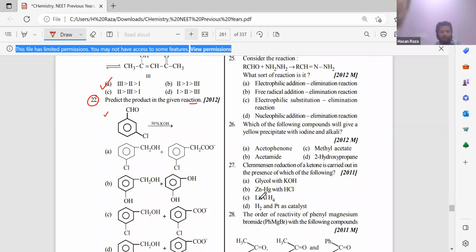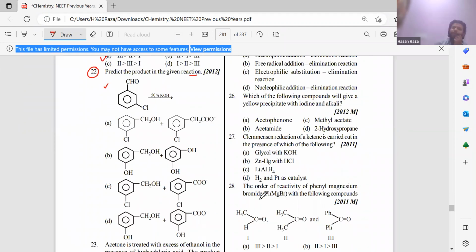Please do let me know the product. 50% KOH, that means it is concentrated base. So any aldehyde which has no alpha hydrogen, or zero alpha hydrogen, treated with concentrated base is your Cannizzaro reaction. I just gave you a hint. Just let me know the answer.